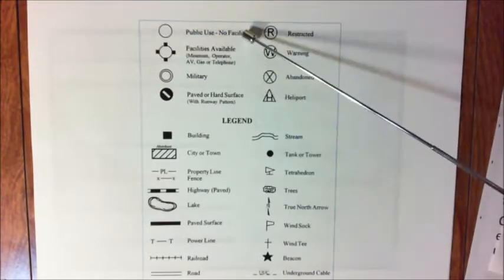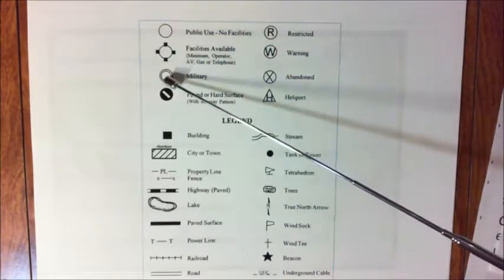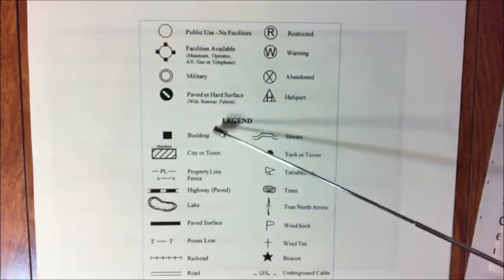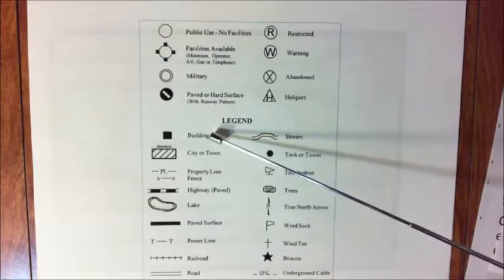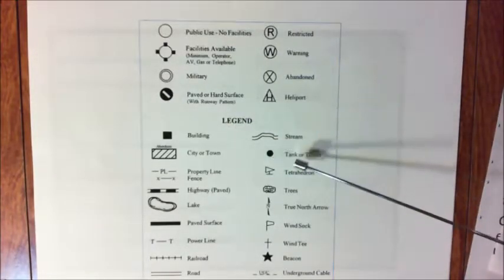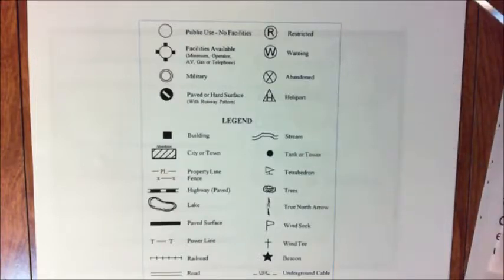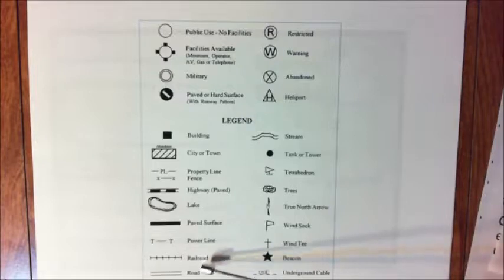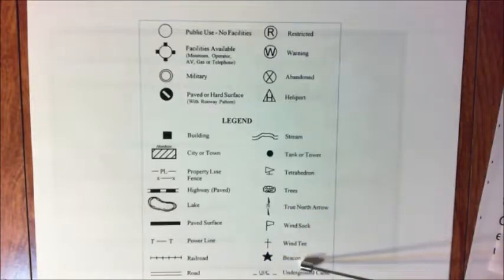Public use, no facilities. Military, paved or hard surface. That's a building. Okay, that's actually a common symbol for it. Oh, there's your filled in circle. That's common from the other one, tank or tower. Paved surface, power line, railroad, that makes sense. Road, beacon, just a star is a beacon.